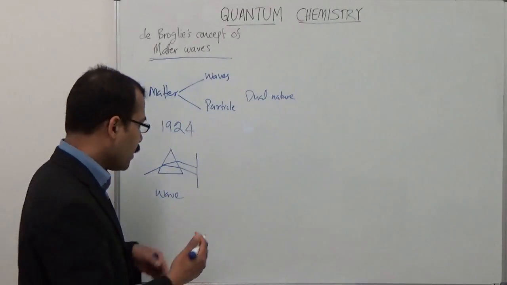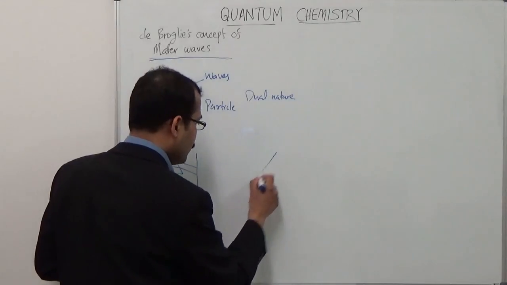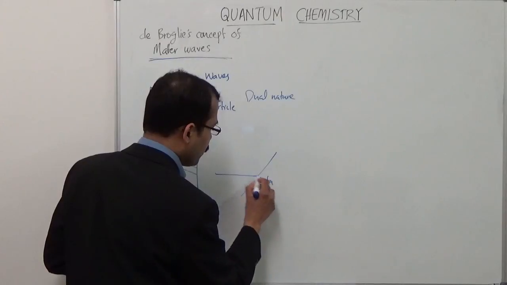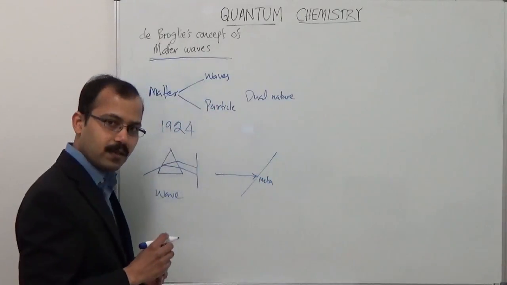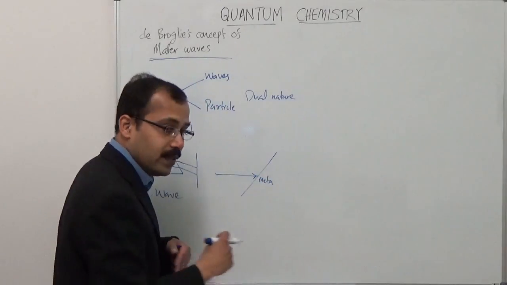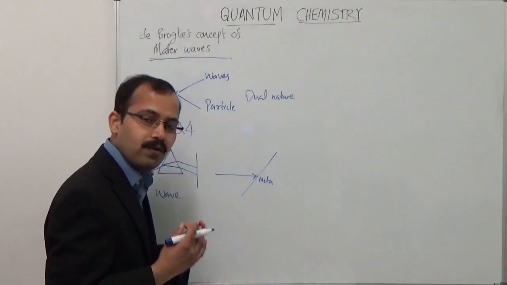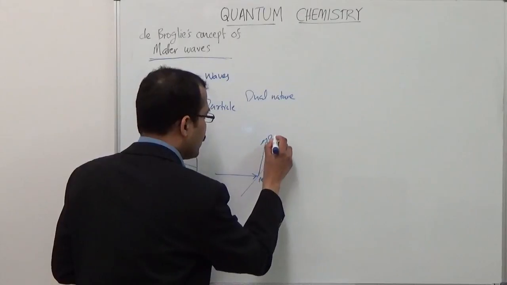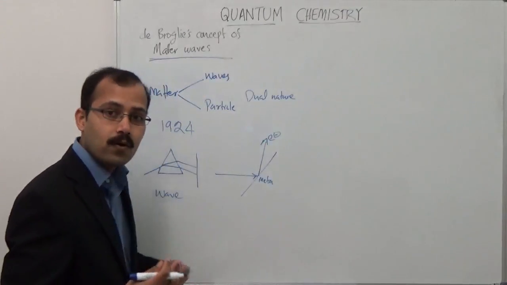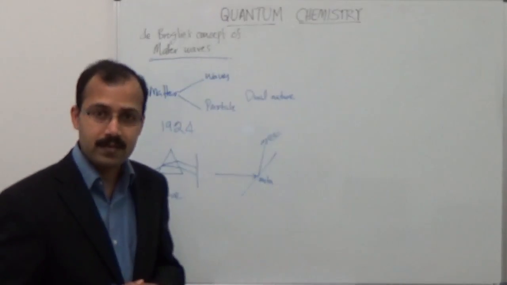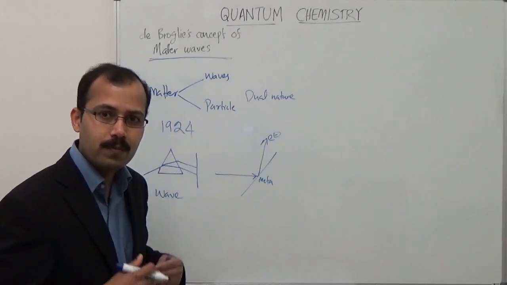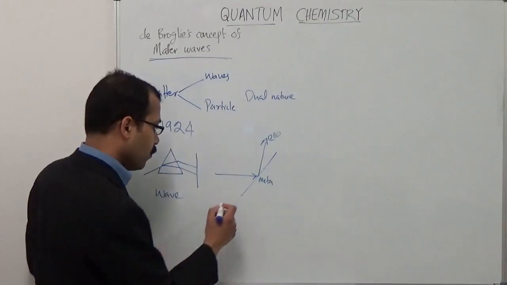In another example, when light is directed to a metal surface, and if this light has a certain threshold frequency, then electrons will be ejected. This is called the photoelectric effect, and it was explained on the basis of the particle nature of light.